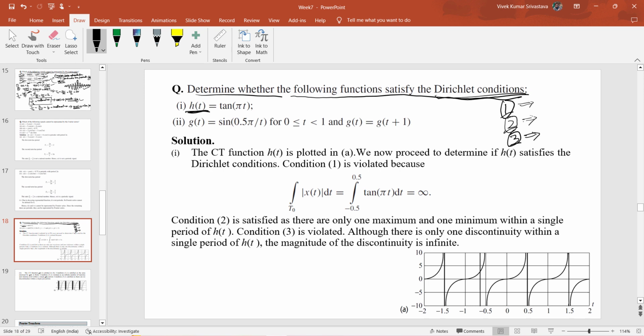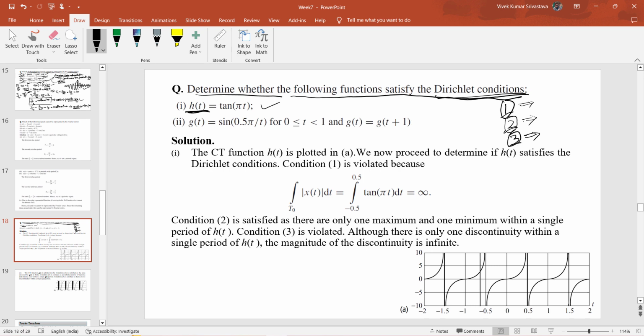Now we have to check which of the signals given to us satisfy these Dirichlet conditions. So for h of t, which is given as tan of pi t, we have to check whether it satisfies the Dirichlet conditions or not.